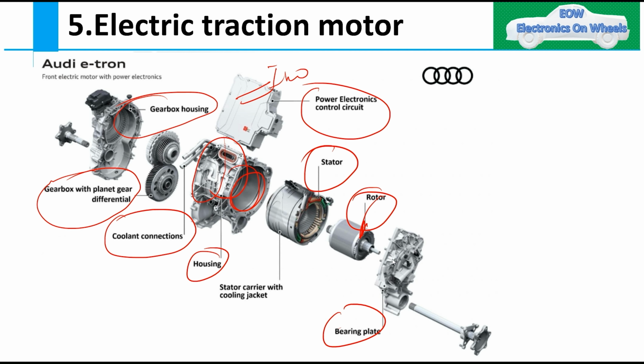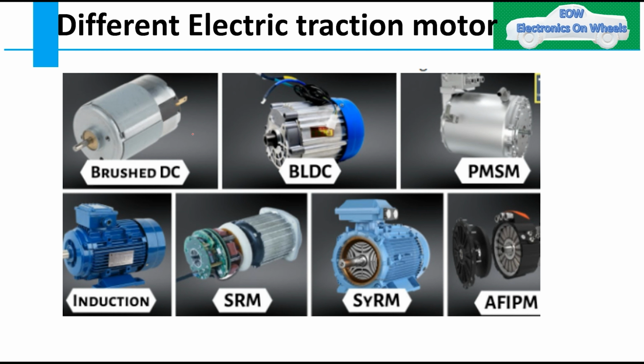Different OEMs can use different types of things. As I told you, if you see the inverter and controller here, they are in a rectangular form, but Tesla is using an integrated form on one single PCB. Then you might have different types of traction motor.